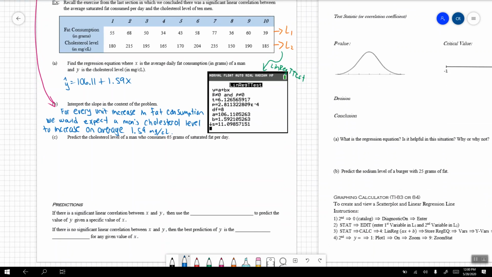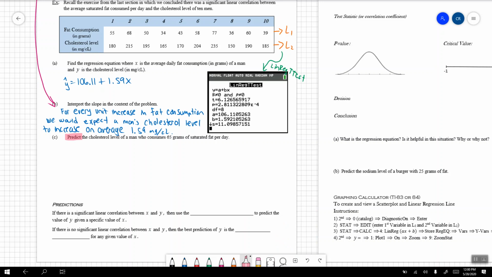So, finally, part C. We now want to predict the cholesterol level of a man who consumes 65 grams of saturated fat per day. If a man consumes 65 grams, we now have to predict. There is a very big key word here, and that is predict. We want to make an educated assumption about what will happen.